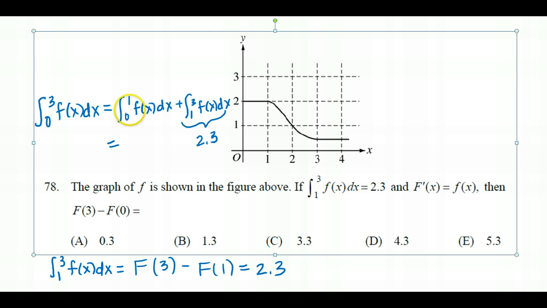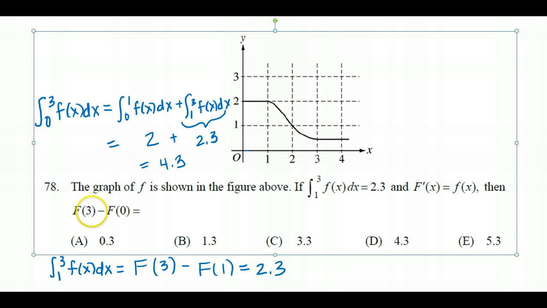So if I want the integral from 0 to 1 of f of x dx, I'm really searching for the area of this rectangle here. So this rectangle has base 1 and height 2. So 1 times 2 is 2. So the total integral from 0 to 3 of f of x dx is 2 plus 2.3, which is 4.3.